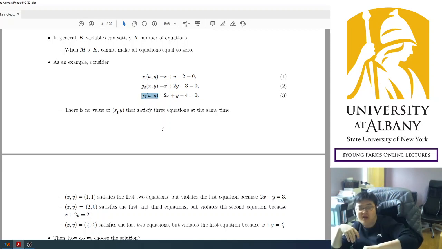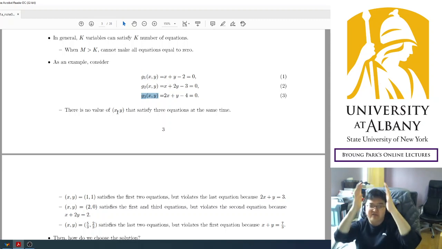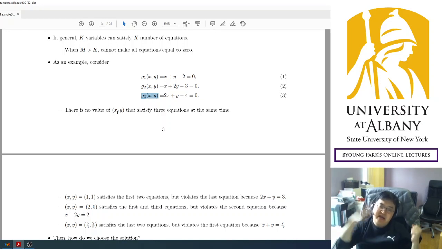If you think about the distance of this vector from the origin, then we can minimize the distance. Ideally, we hope the minimum distance equals 0. That happens when all the equations are satisfied. But even if not all of them are satisfied, still we can choose one solution using this principle.